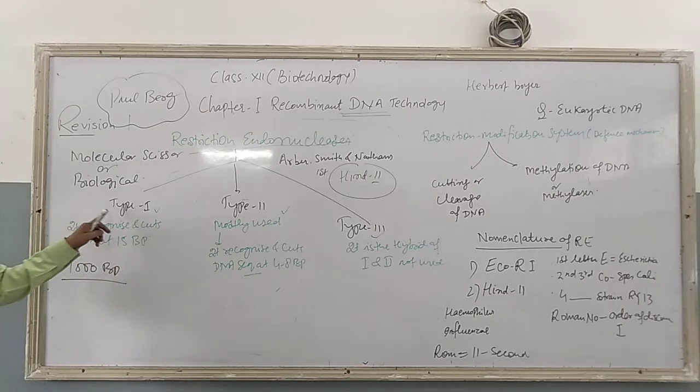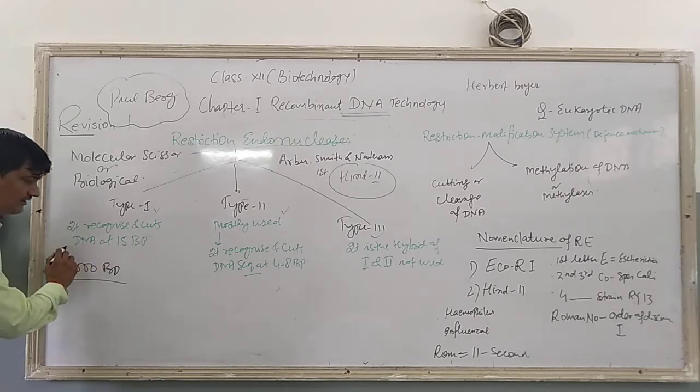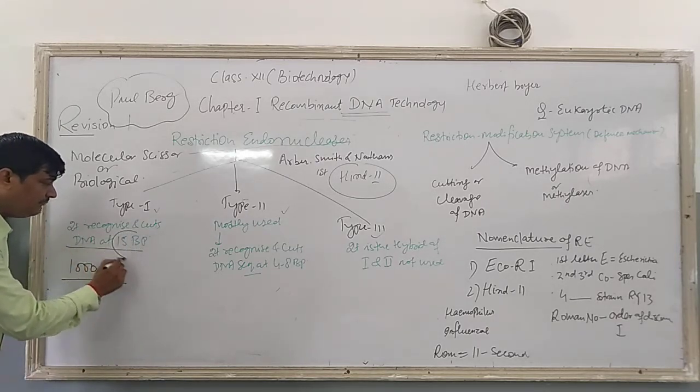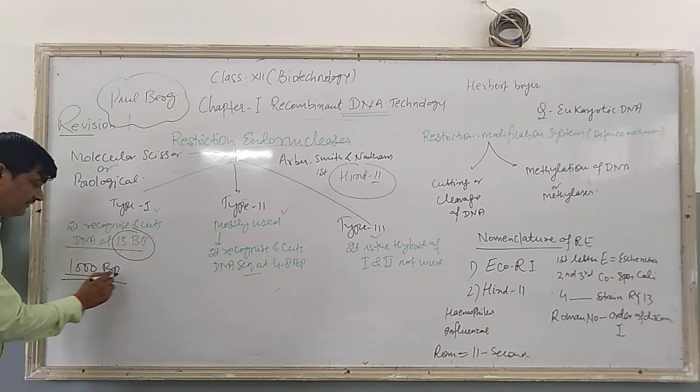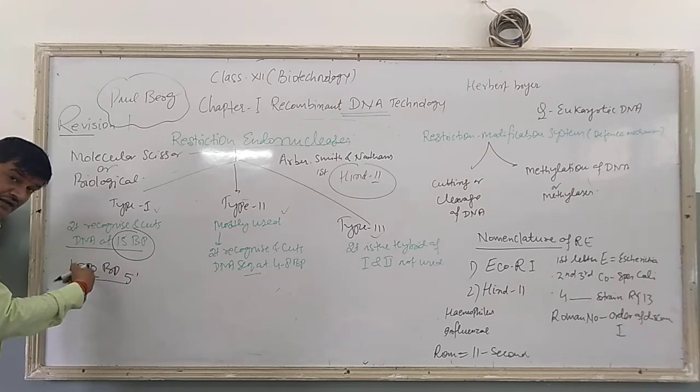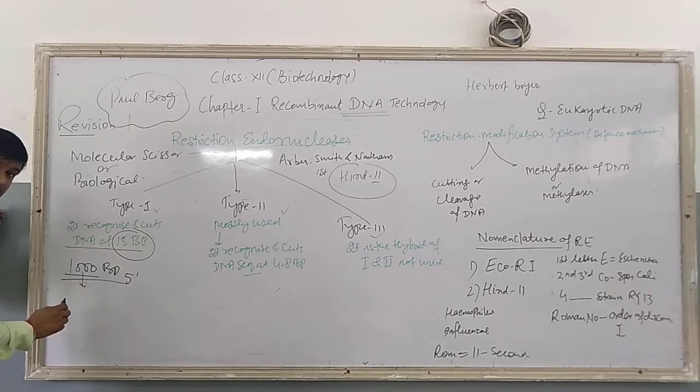It means type 1 is not of importance in genetic engineering. It cuts the DNA sequence at 15 base pairs, but it makes the cut from the 5 prime end, leaving 1000 base pairs from the 5 prime end.